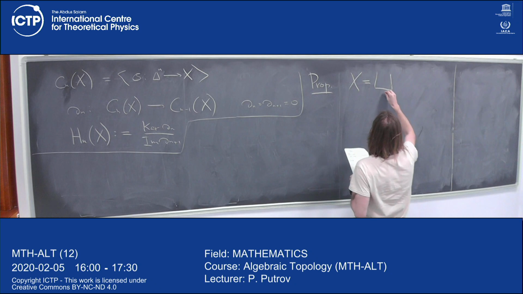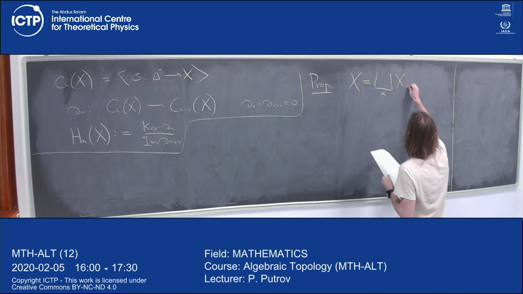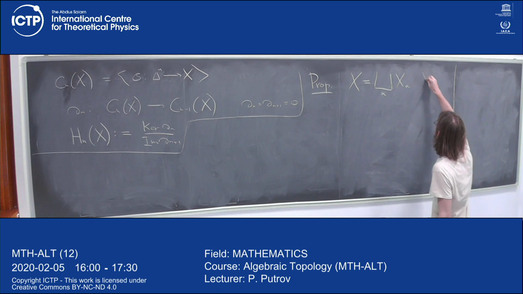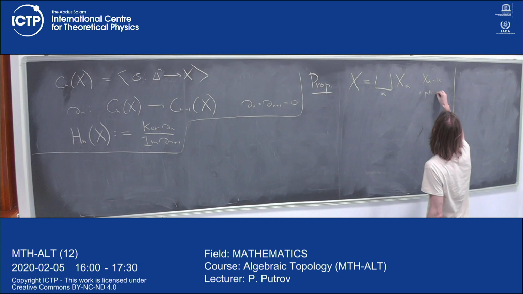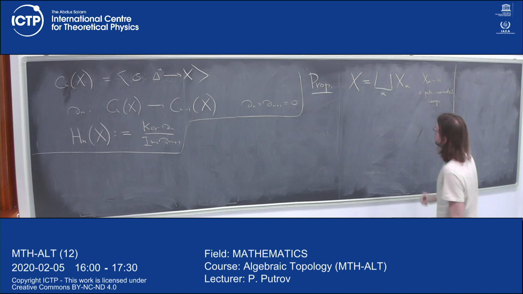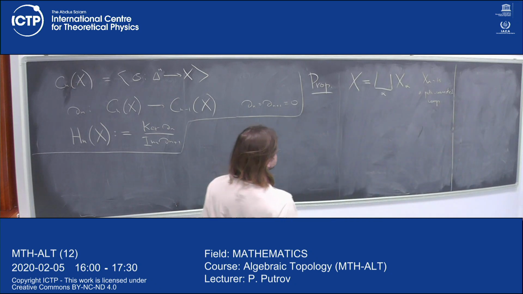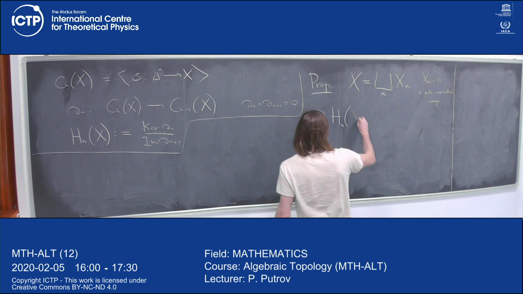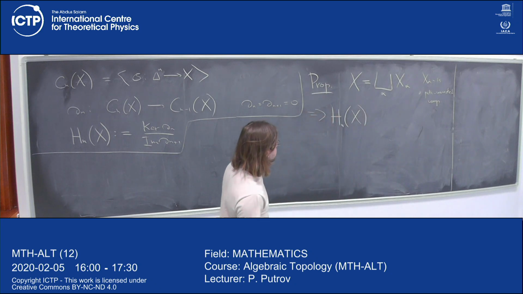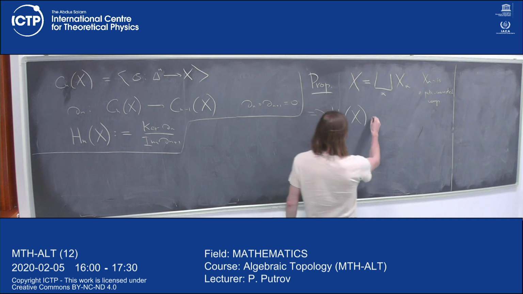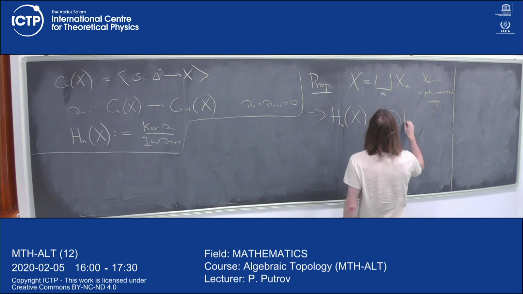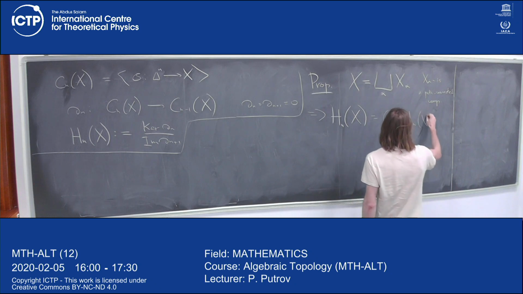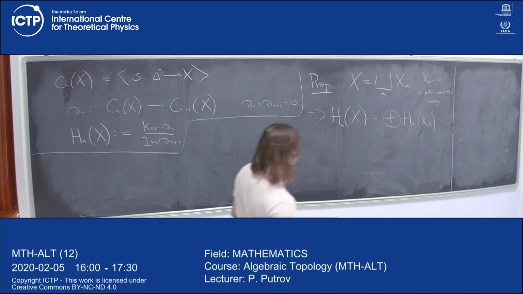Let X be a disjoint union of X alphas, where each X alpha is a path-connected component. Then for each n, the nth singular homology of X is a direct sum of the nth singular homologies of the X alphas.